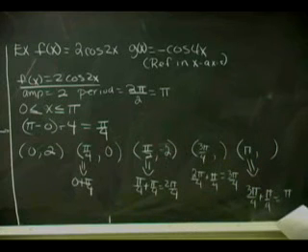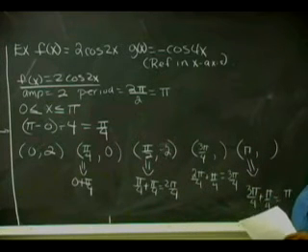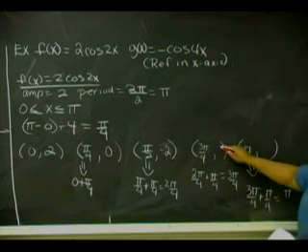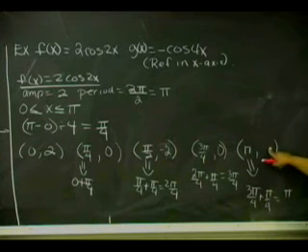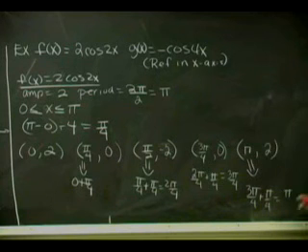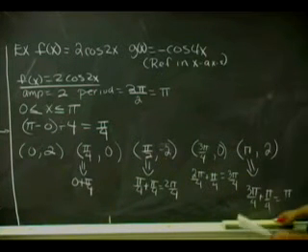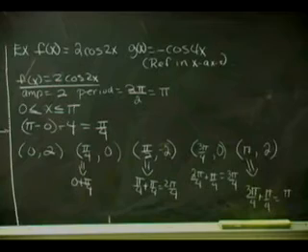At 3 pi over 4, 2 times 3 pi over 4 is 3 pi over 2, and cosine of 3 pi over 2 is 0, so 0 times 2 is 0. What do we think the last one is going to be? Just knowing the basic cosine, it's going to be 2. So let's go ahead and draw that first one.